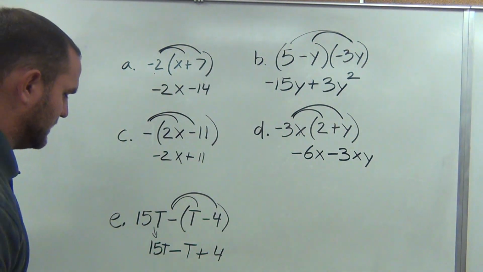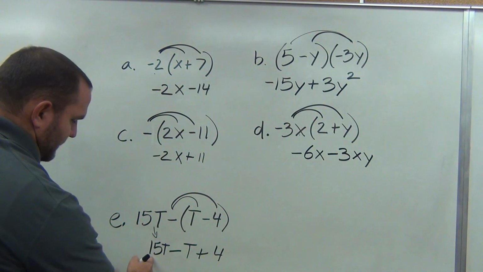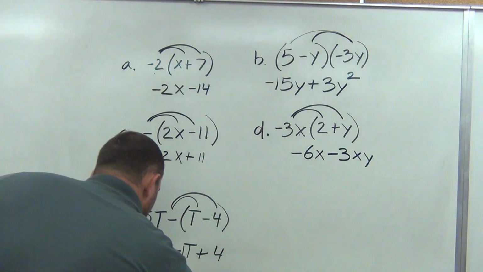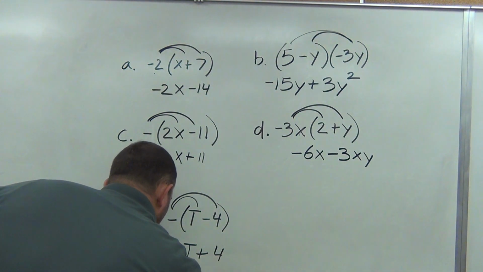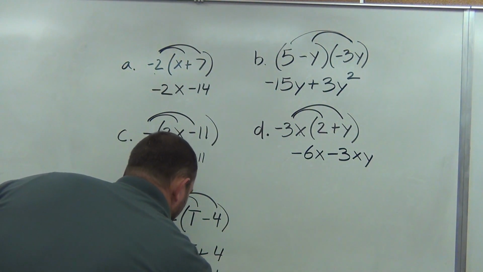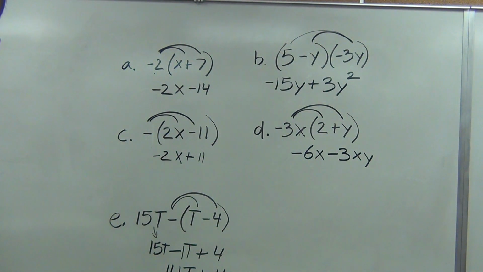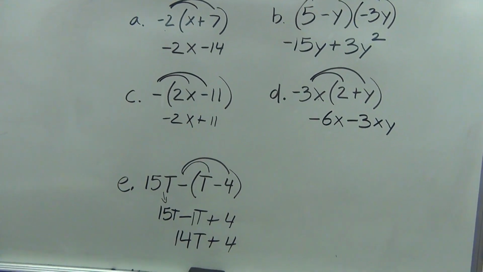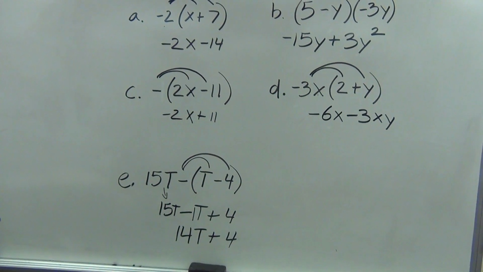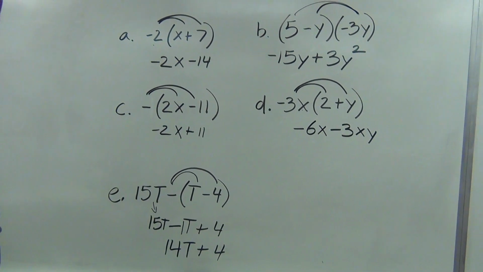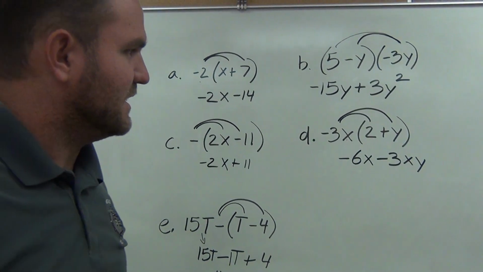I can put those two together, and so it's +15 and -1t. So that would be 14t, and then the +4 would just be added on. There you go. That is the end of the problem. You got 14t + 4. All right, hopefully that makes sense.